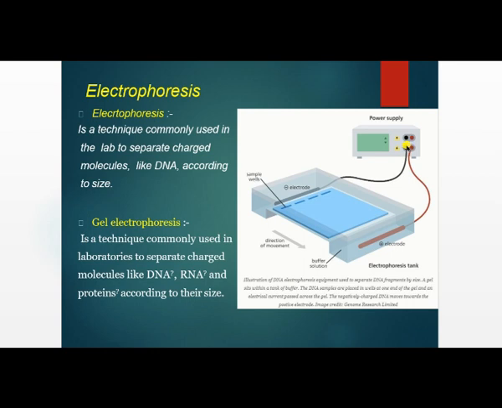So when you switch on this power supply, the migration of your molecules takes place from negative to positive. Why negative to positive? Because DNA is negative in nature, so it moves toward the positive electrode. So the direction is negative to positive.